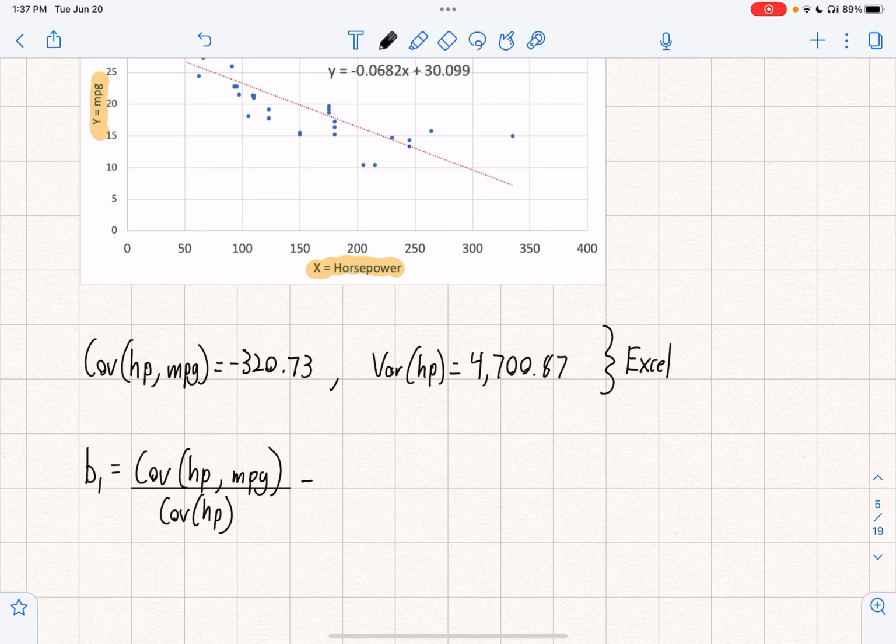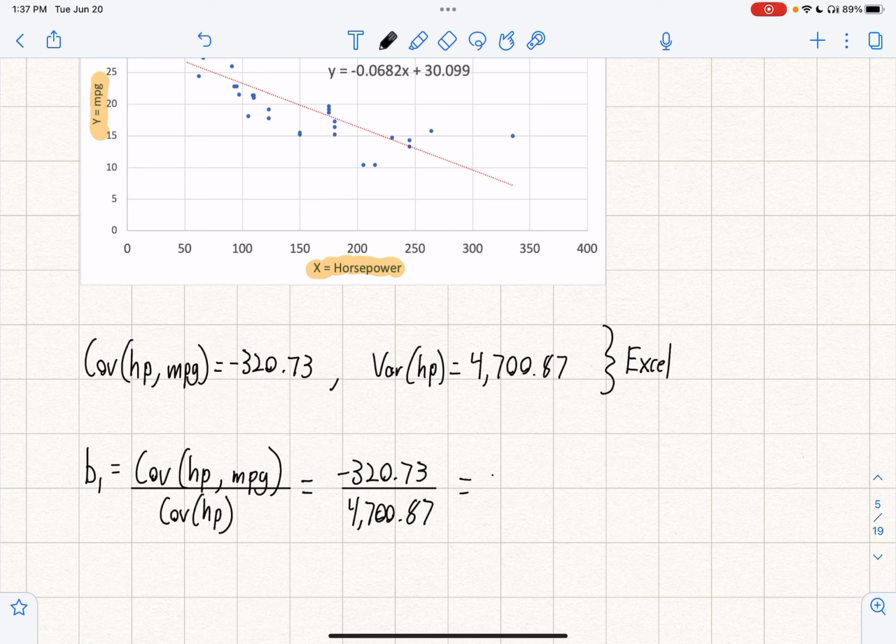So this will be equal to, so we have these values right above us, 320.73 divided by 4,700.87.